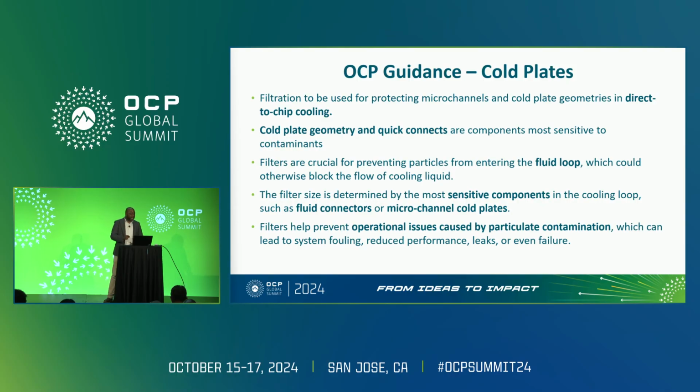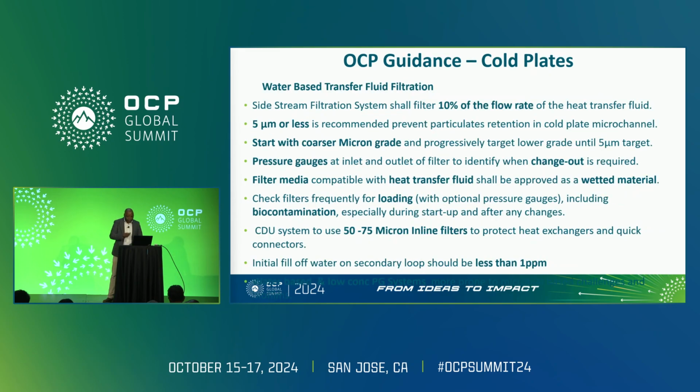So the filter size is really determined by the most sensitive part of the cooling loop, ensuring particles are kept out. Effective filtration here prevents system fouling, reduced performance, leaks, or even system failure. So really it's all about maintaining the efficiency and reliability of the cooling system.